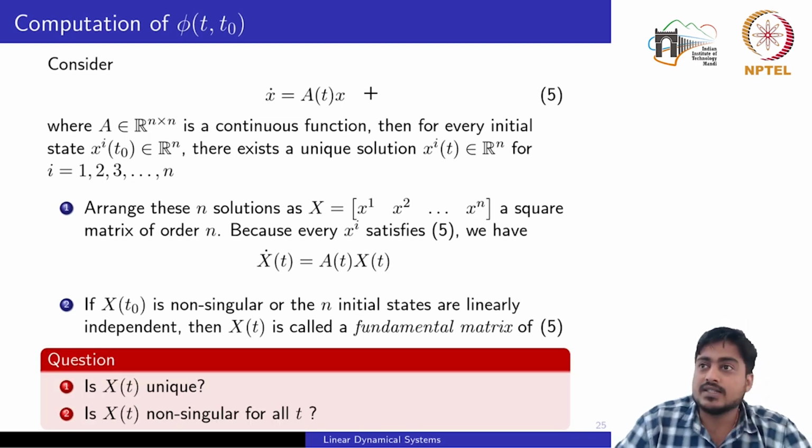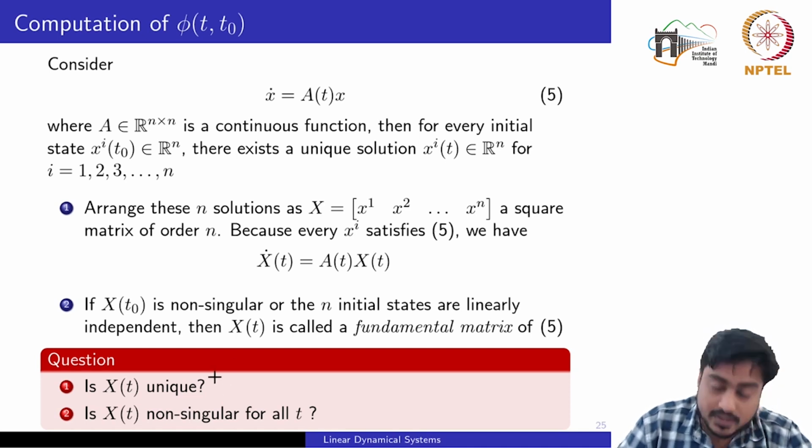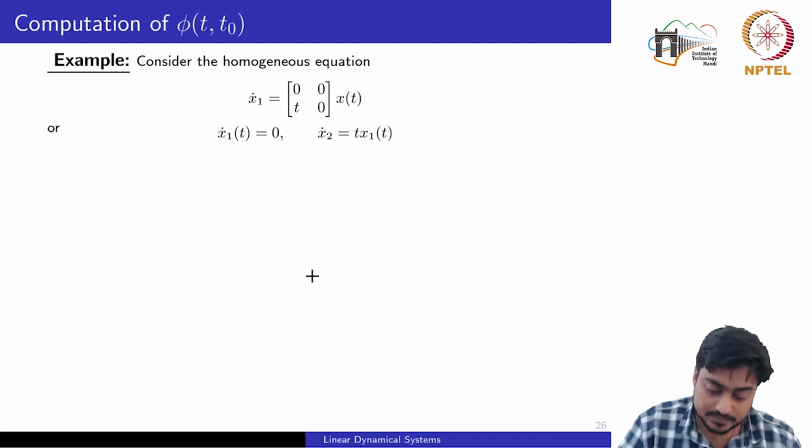Now here two questions arise: whether my X of t is unique, and second, is X of t non-singular for all t. Now the uniqueness property is straightforward. Why? We will come on to these questions later on, but first we will see one simple example which demonstrates the computation of this fundamental matrix.